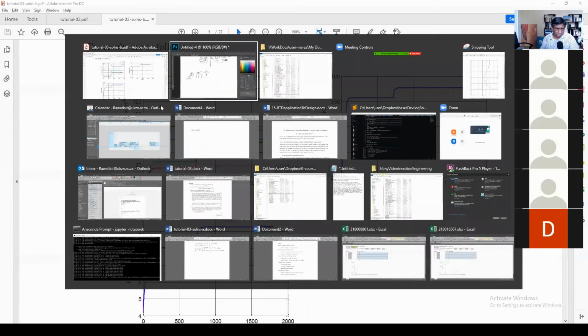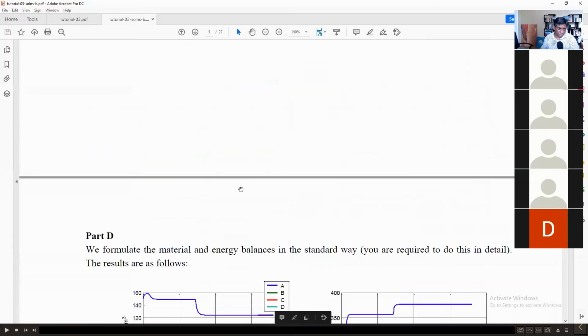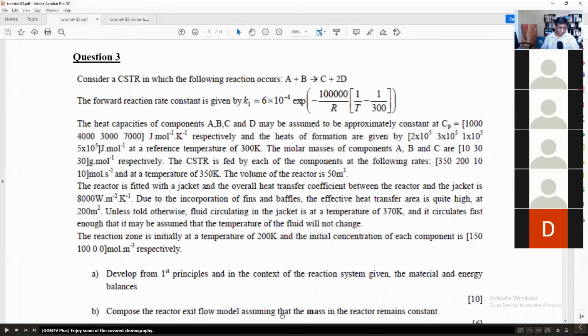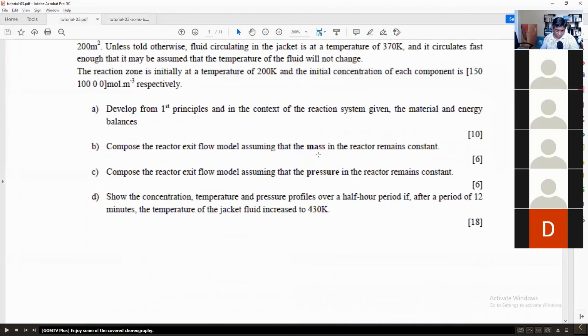And I just want to point out, there is a variant on this problem you can consider. So we've been talking about pressure being constant. You can also think about, well, what if mass is constant instead? There's a difference to think about there.